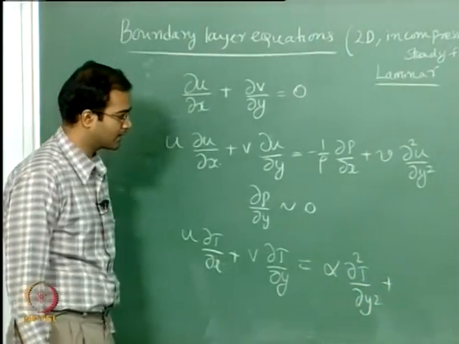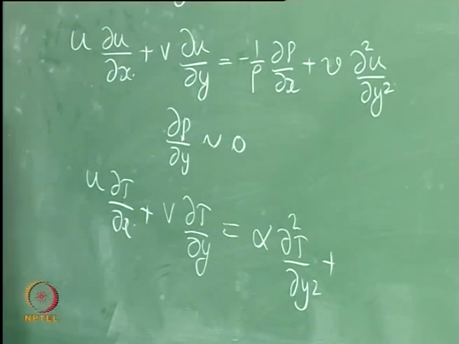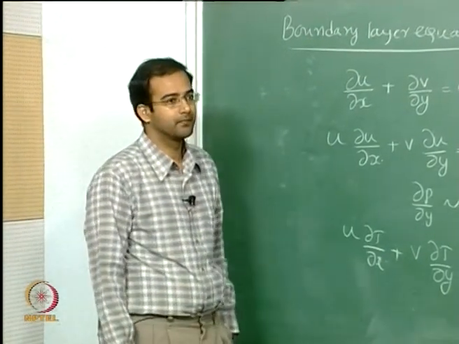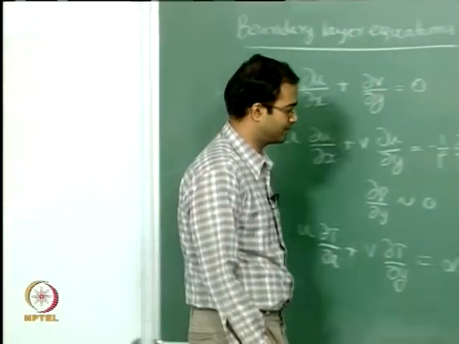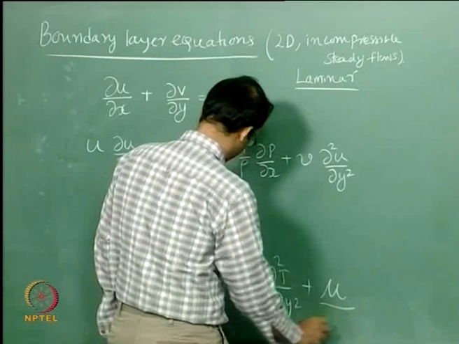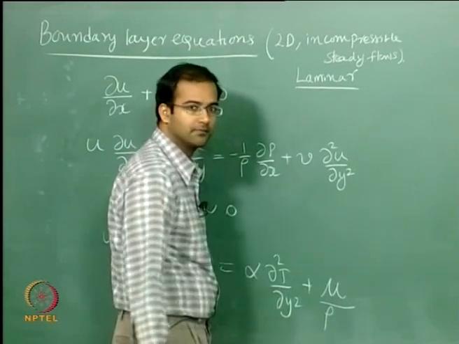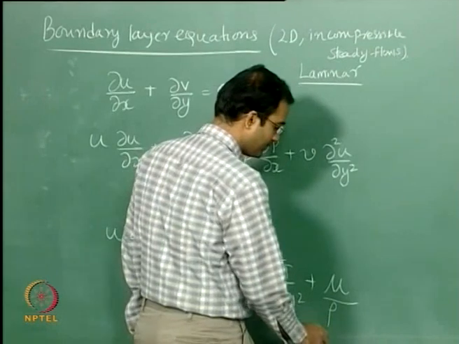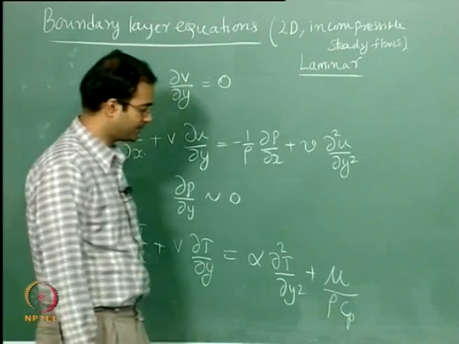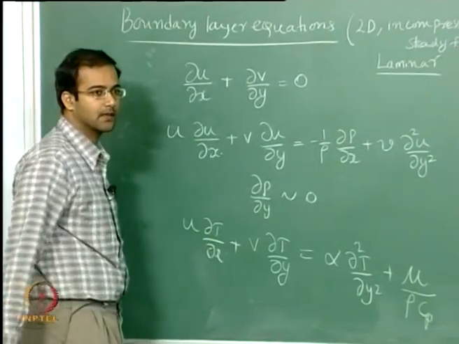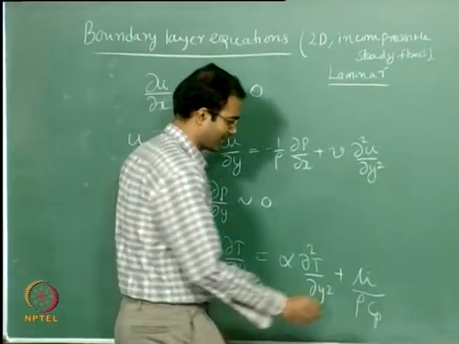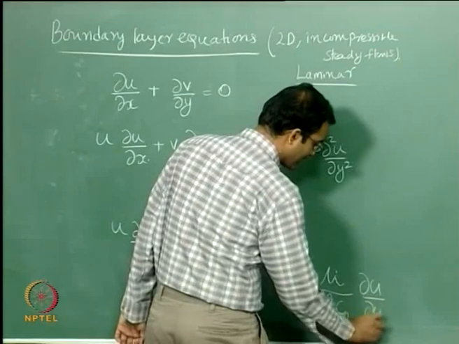What should be the viscous dissipation term here? I am dividing by rho Cp everywhere, so this is k by rho Cp, which is alpha, and mu by rho Cp times du dy the whole square.